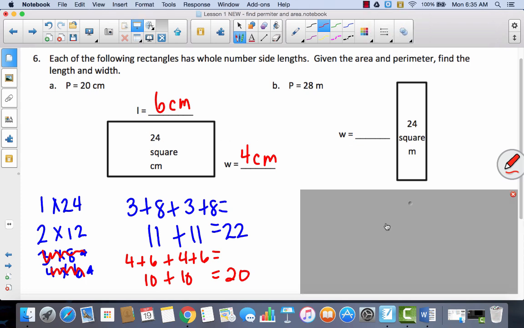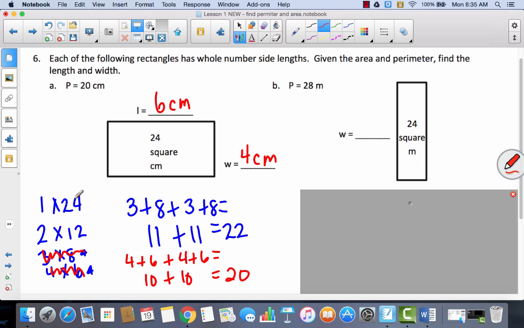Okay, so hopefully you paused the video and you tried to figure this out by yourself and you're not just copying what I'm writing. When you're doing that, you are really missing out on a lot of the learning. So when I was trying to figure out which one of these I was going to test first, I thought to myself, well, if the length and the width were 24, there's no way the perimeter could be 28 because together these equal 25 all by themselves.